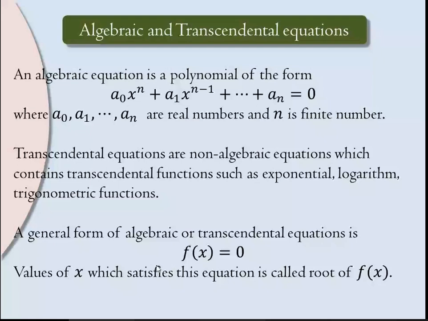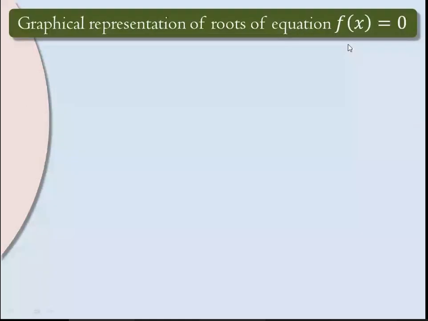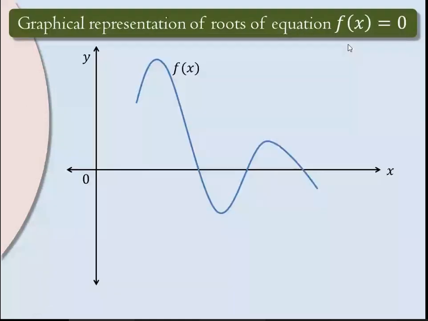Okay, now what does the root of f of x graphically represent? Suppose if you draw the graph of f of x on the xy axis, and suppose this is that graph, then what is the meaning of a root of the equation? It is the intersection of f of x with the x-axis, because we want this function to be 0, and it becomes 0 at all the points on this axis.